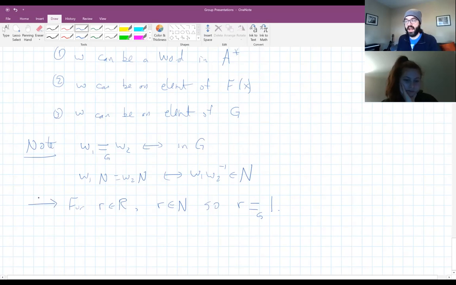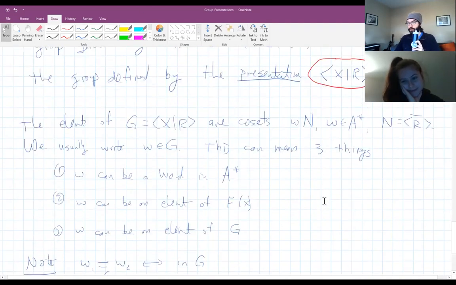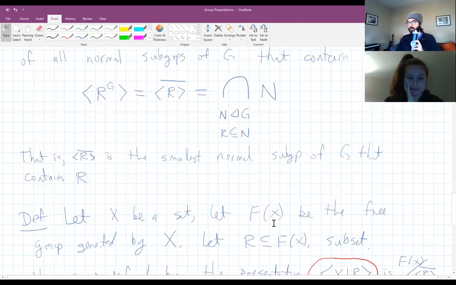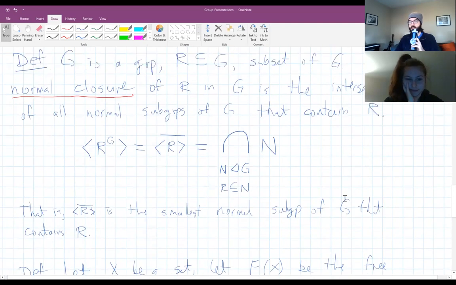Do you understand why that has to be true? I've been talking a lot, so it would be normal if you've zoned out a few times. We talked about something earlier, so let's go back and see how the normal closure was defined.